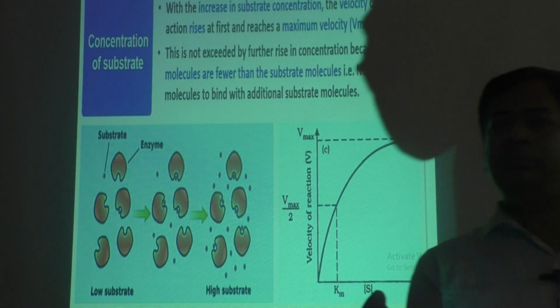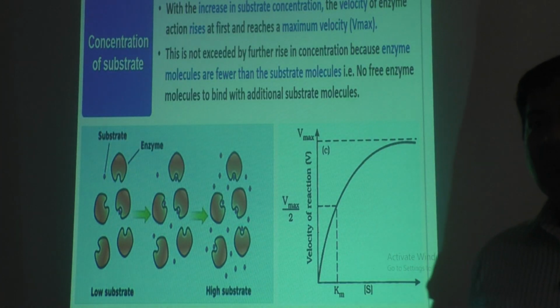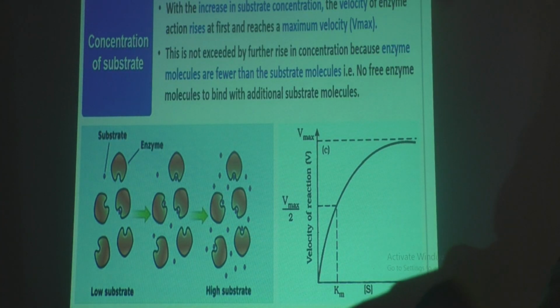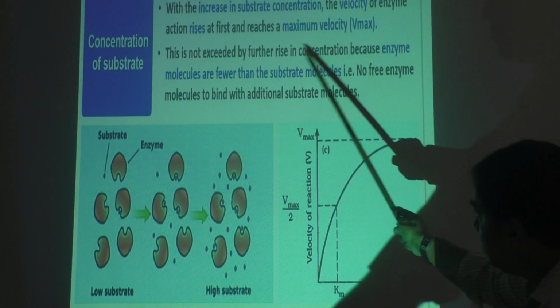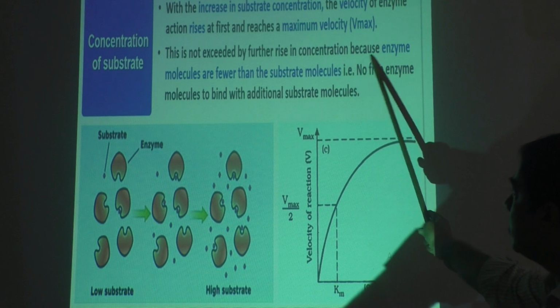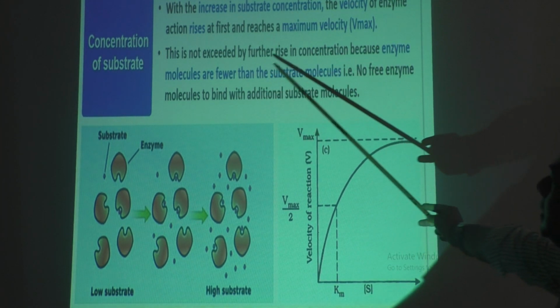Like you have taken 1 drop of enzyme and 1 bucket full of substrate, then what happens? The reaction will not be faster, it is slow. So there is no increase in the concentration because enzyme molecules are fewer, and substrate molecules are more.